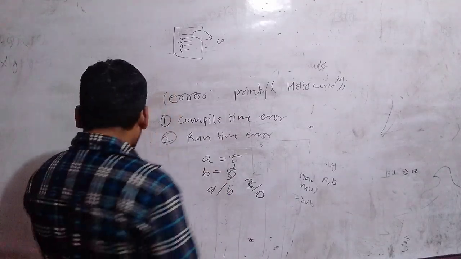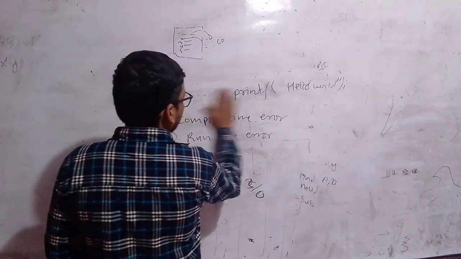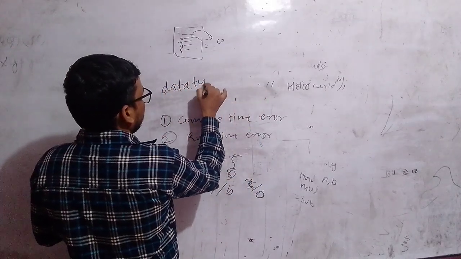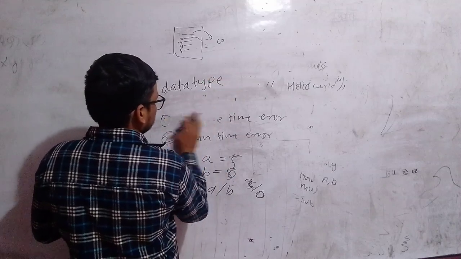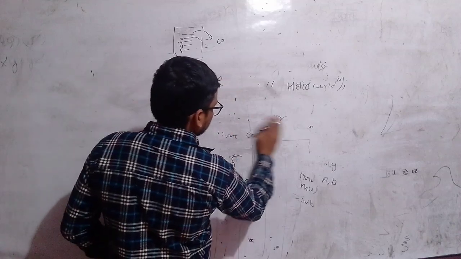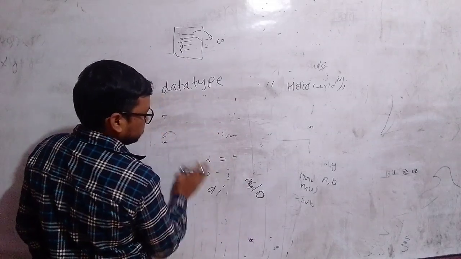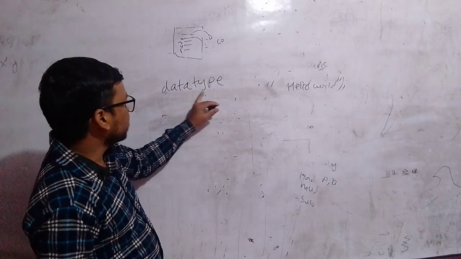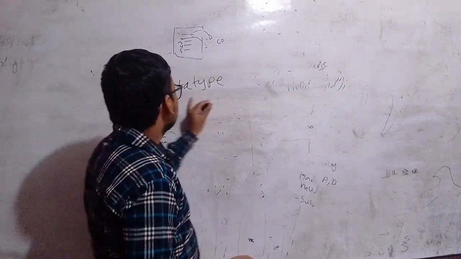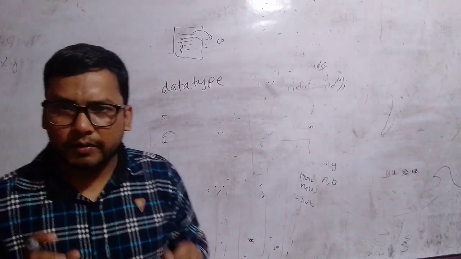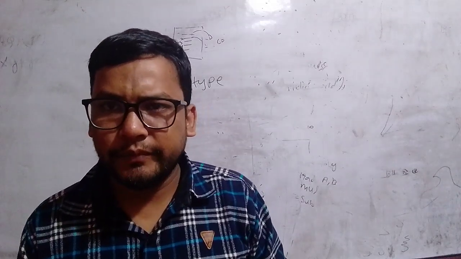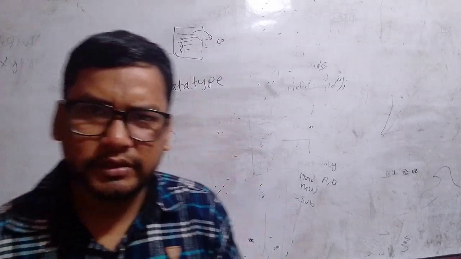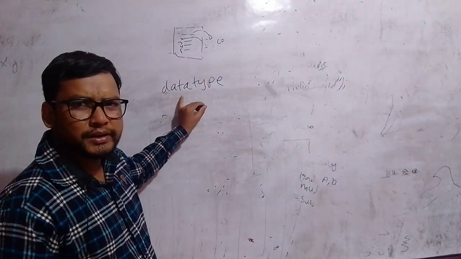Now let's understand what a data type is. In the name data type, data means raw material, for example name, values, quantity, etc., which when processed become information; the raw things are represented by data.